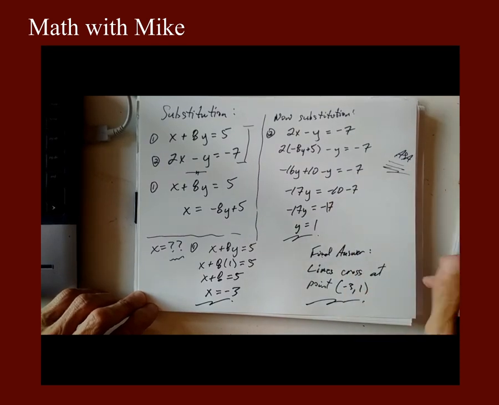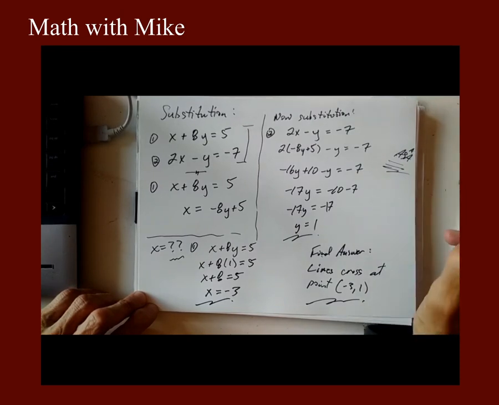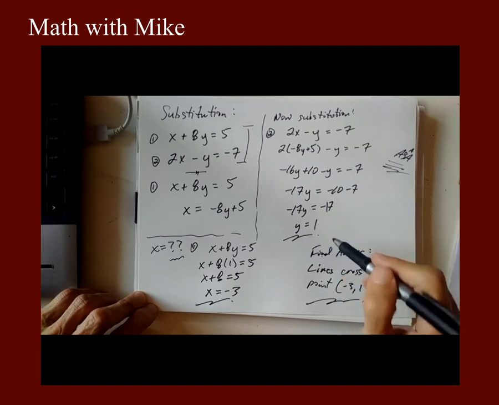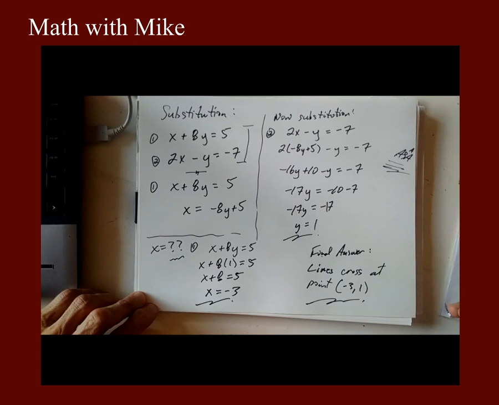Do some algebra, should be automatic. After some automatic algebra, we get y, being the y coordinate. And now putting the pieces together, the two lines that we had in the beginning, they cross at the location, cross at the point, minus 3 and 1.